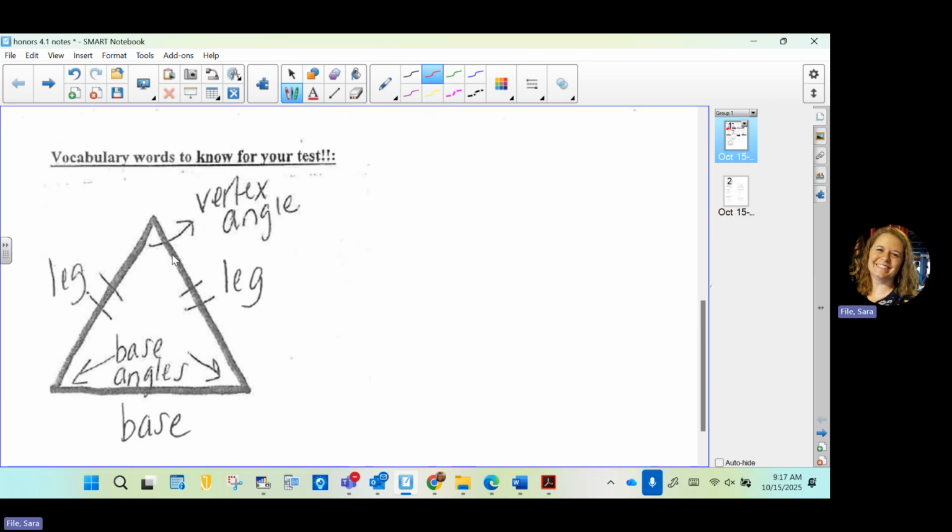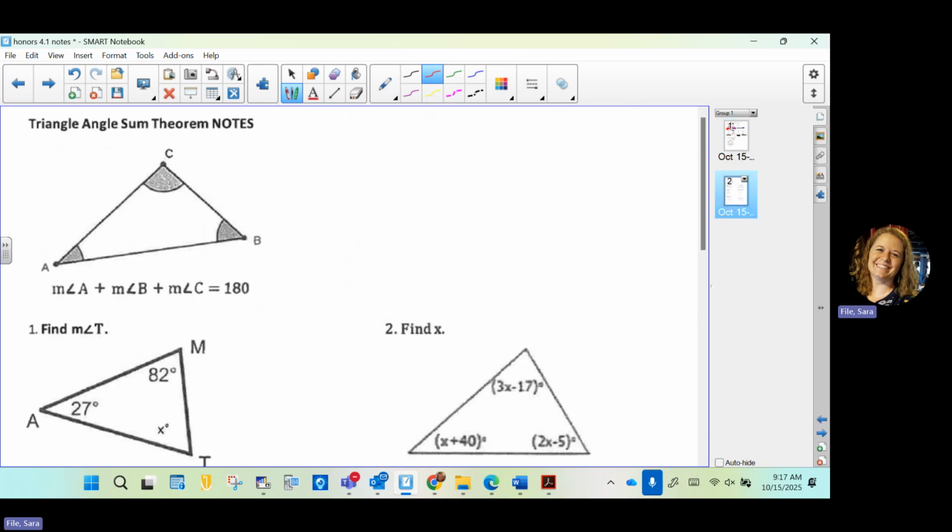And then that third angle where the congruent legs meet is called the vertex angle. Okay, so that's all labeled on there for you. You just need to make sure you know the terminology. Because if a question says what's the vertex angle and it's not marked in the picture, you have to know which angle they're asking for. Or if it asks you to find the length of the base, you need to know which side of the triangle that is. So far, so good? All right, let's flip it over.